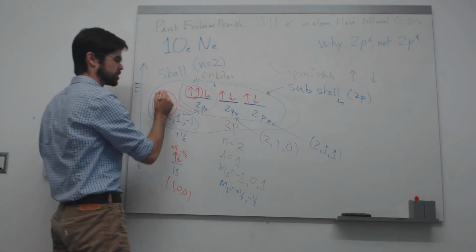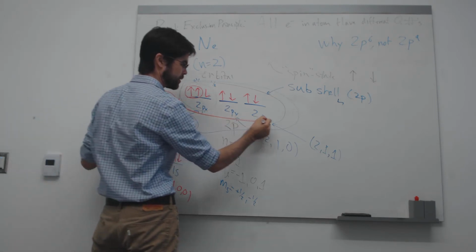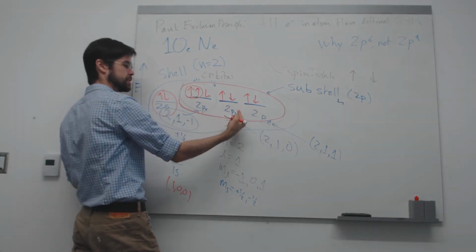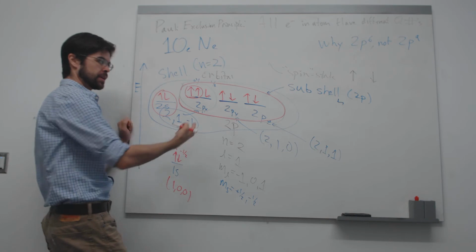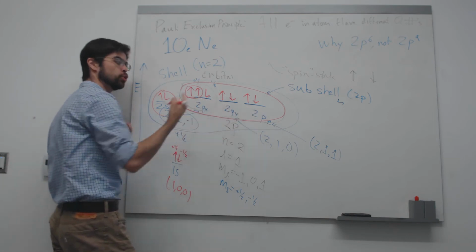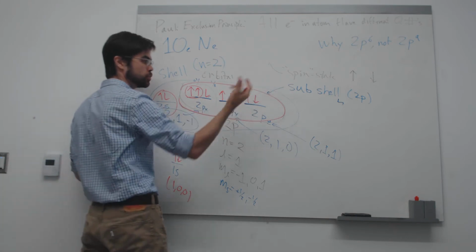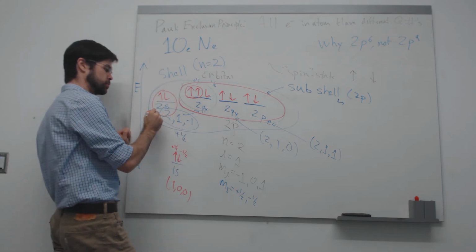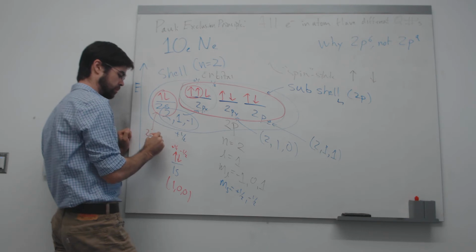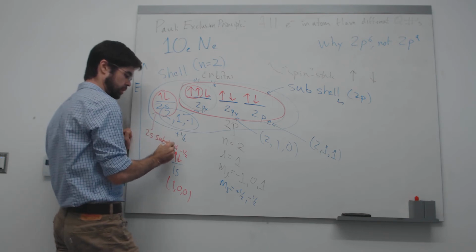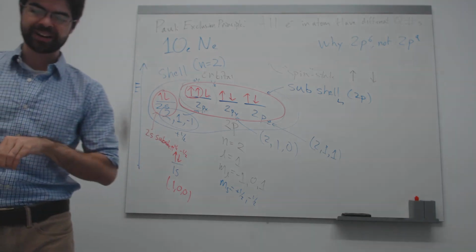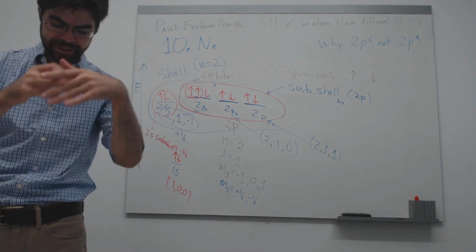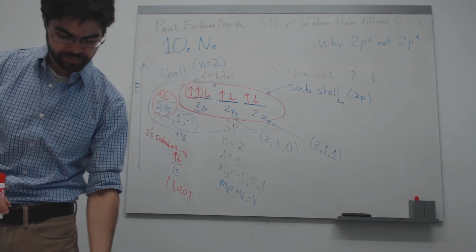So that's a subshell, referring to the different angular quantum numbers. They're all 2p orbitals, so they're in the 2p subshell. These electrons are in the 2s orbital, they are in the 2s subshell. So again, that's just yet another way to group together orbitals into shells and into subshells.